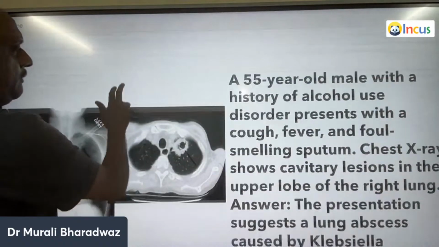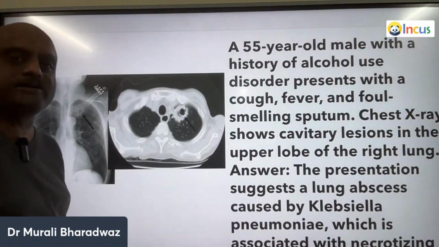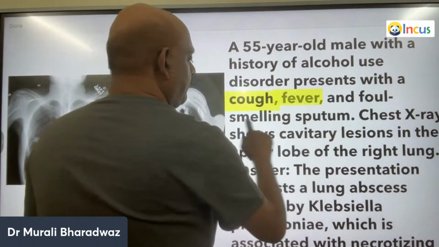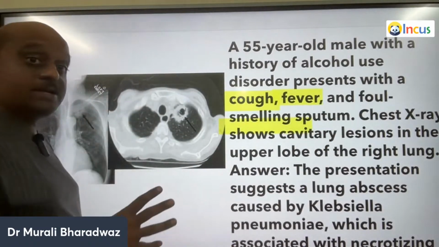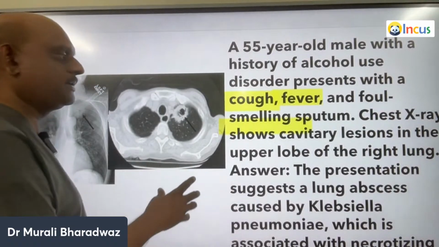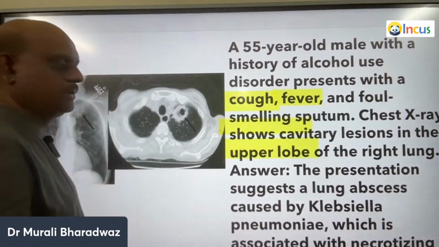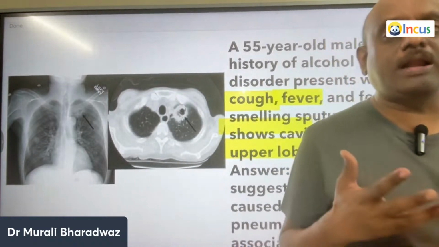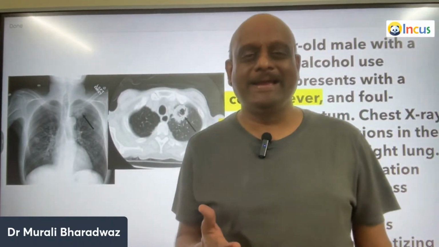Now, a 55-year-old male with a history of alcohol use disorder typically presents with cough, fever, foul-smelling sputum, chest X-ray showing cavity lesion, typically in the right lung, upper lobe. So what does it suggest? Typically, an alcoholic is predisposed to Klebsiella pneumoniae.